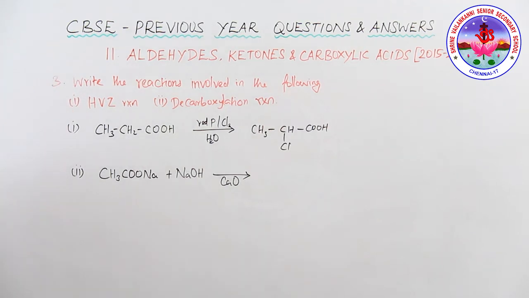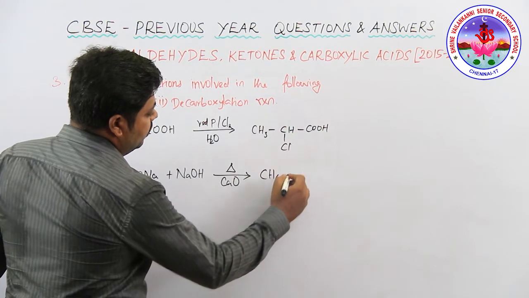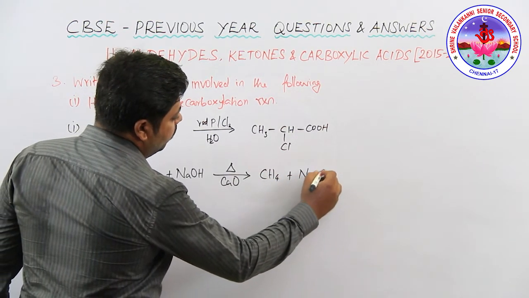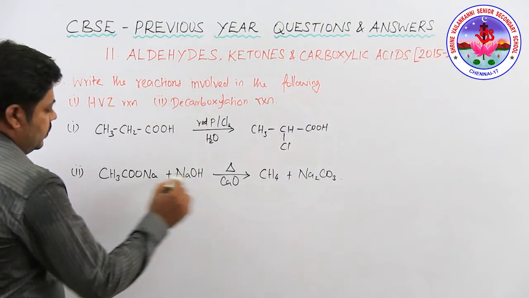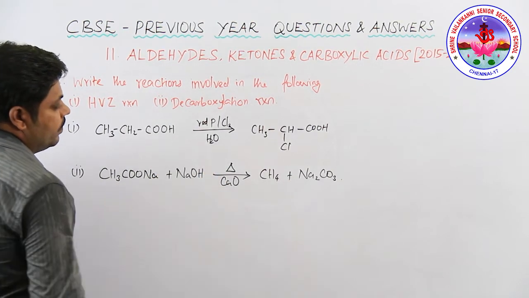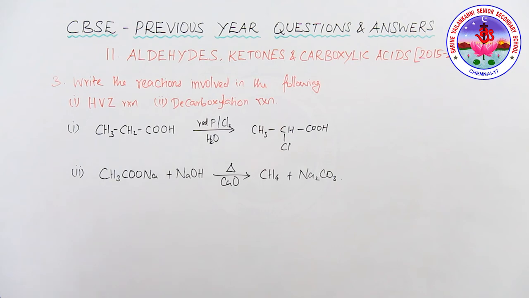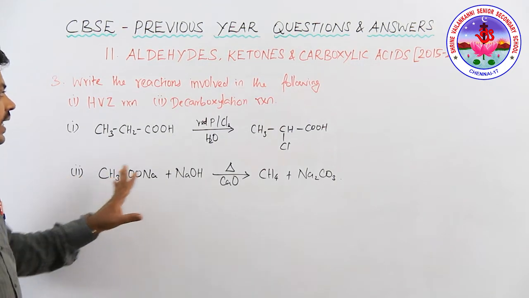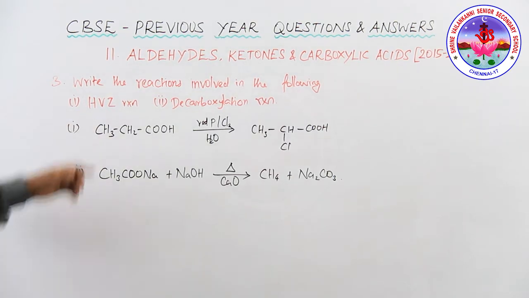On heating, you will get alkane, that is methane, and sodium carbonate, Na2CO3. So the sodium ethanoate reacts with sodium hydroxide in the presence of calcium oxide, and on heating you will get methane and sodium carbonate. So this type of reaction is called the decarboxylation reaction. So this is also one of the name reactions.